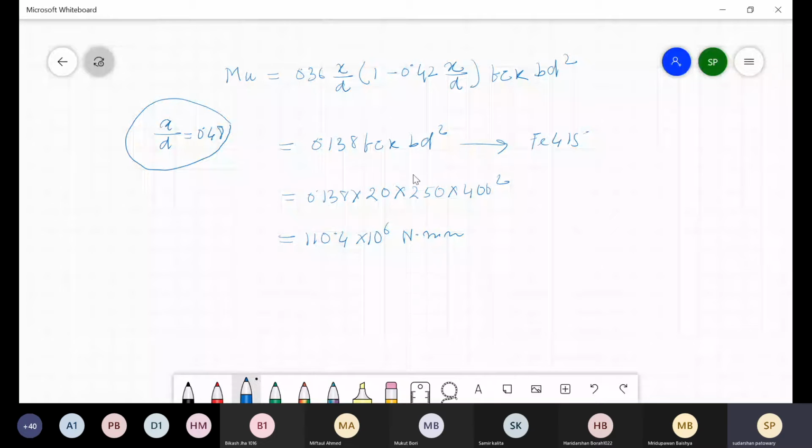This value is this much. Okay? Clear? Yes, sir.